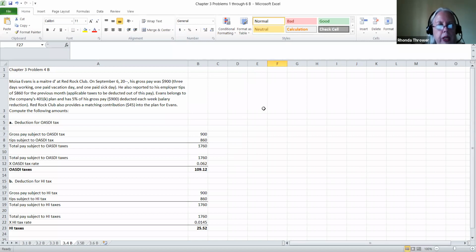In problem 4B, Moisa Evans, a maitre d' at Red Rock Club on September 6, 2000, whatever, his gross pay was $900. 3 days working, 1 paid vacation day, and 1 paid sick day. He also reported to his employer tips of $860 for the previous month, applicable to taxes to be deducted out of his pay.